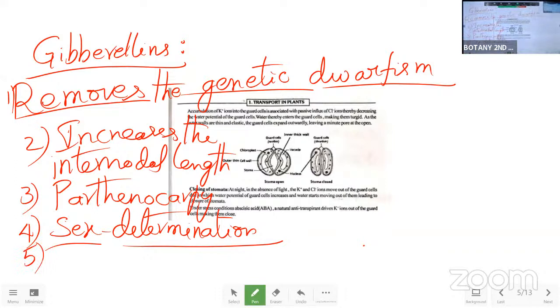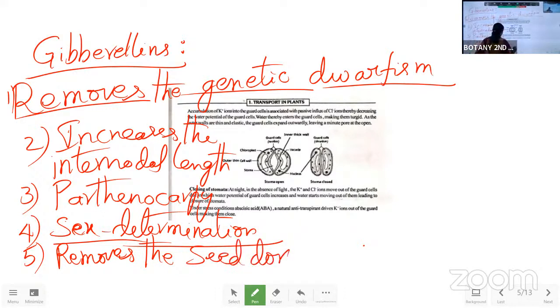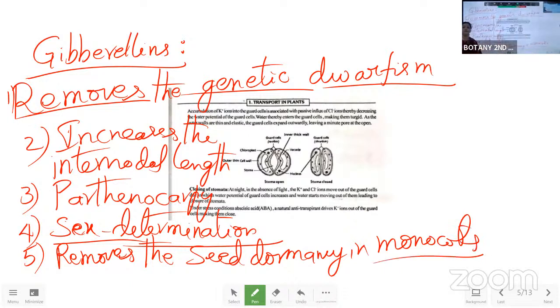And the next one is removing bolting. And the fifth point in the gibberellins is that it removes seed dormancy, especially in monocot plants.